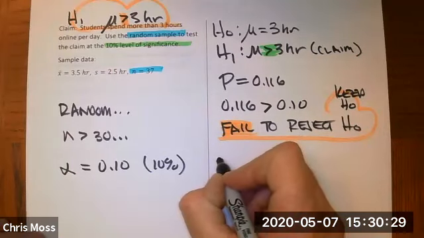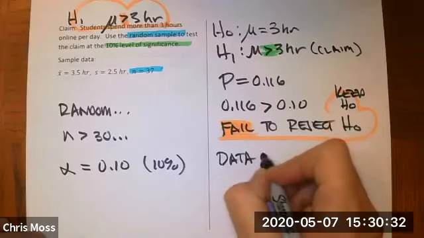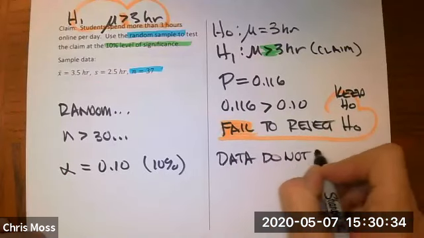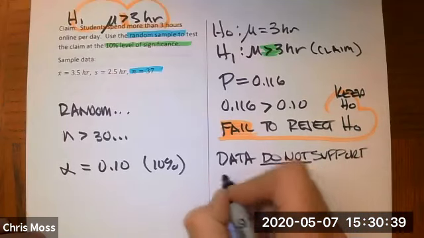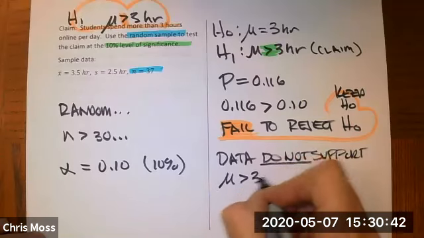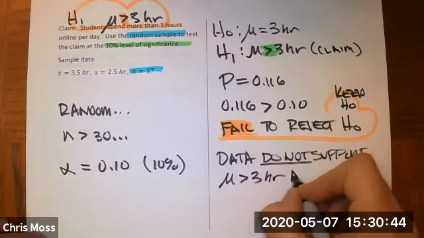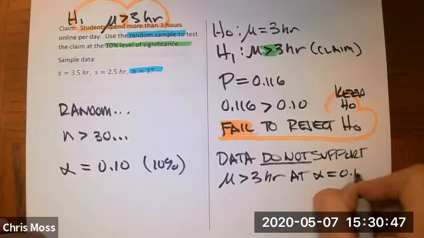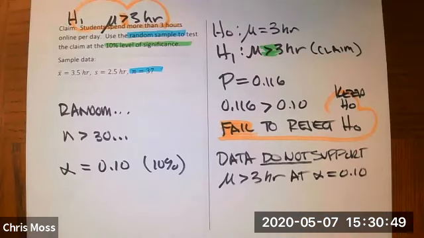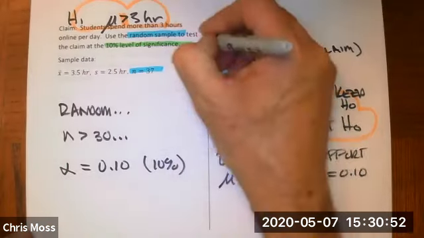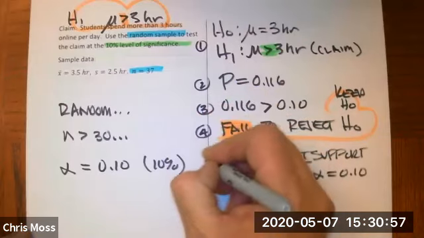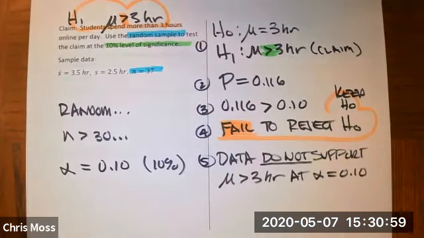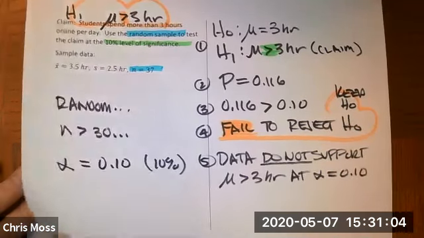So the data do not support the mean being greater than 3 hours per week at the 0.10 level of significance. 1, 2, 3, 4, 5. The 5 steps for a stat test for a mean using the p-value method.